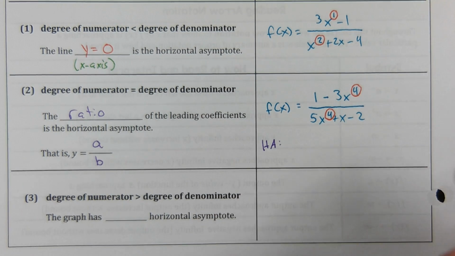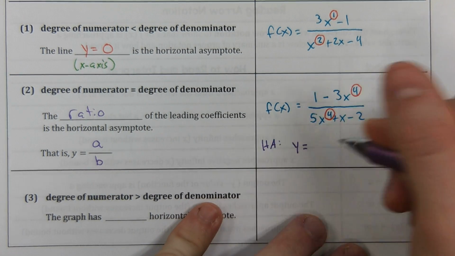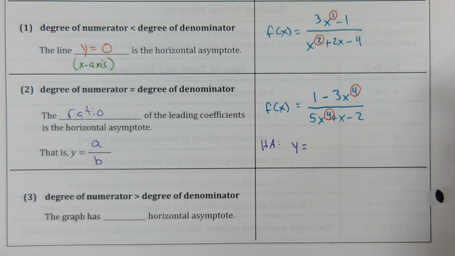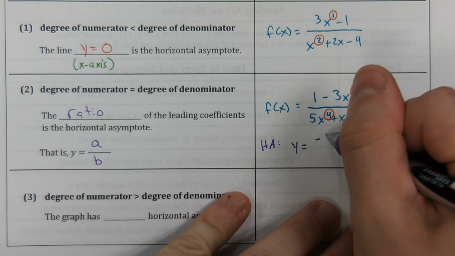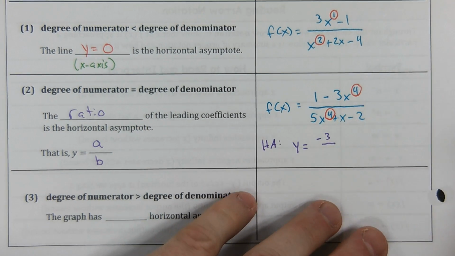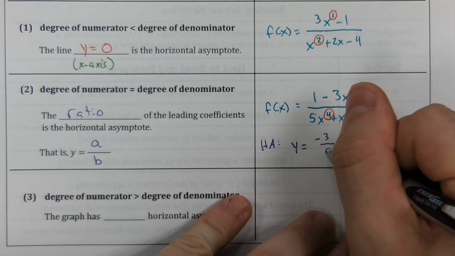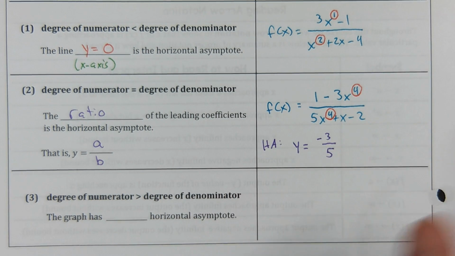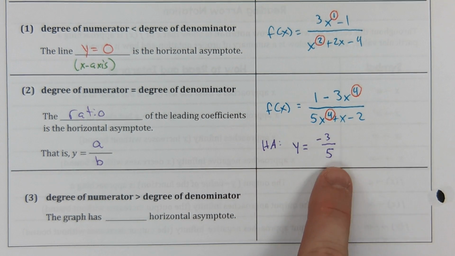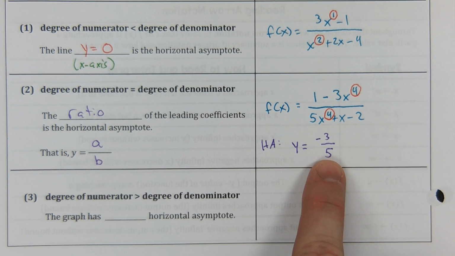Our horizontal asymptote is y equals the leading coefficient of the numerator, -3, over the leading coefficient of the denominator, 5. So as x gets outrageously large in magnitude, meaning heads towards positive infinity or towards negative infinity, either one, this thing's y values would get closer and closer and closer to that.